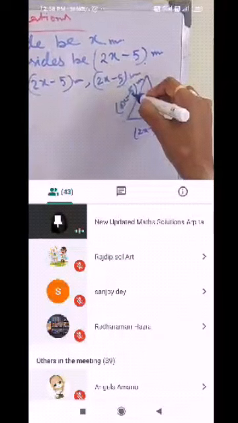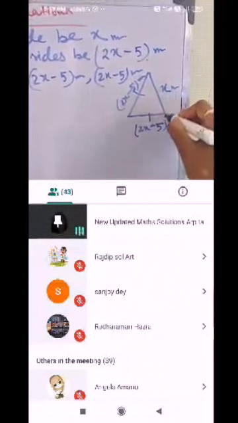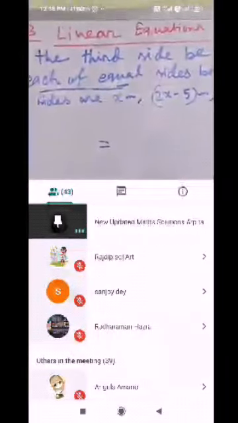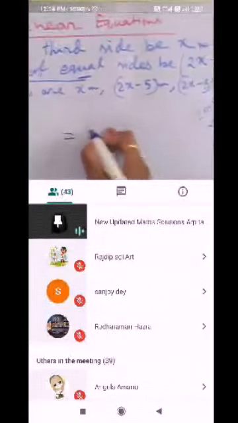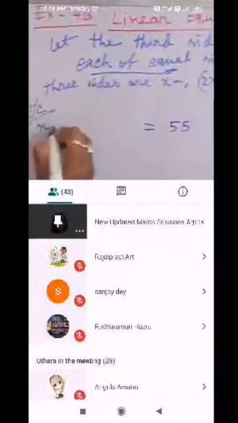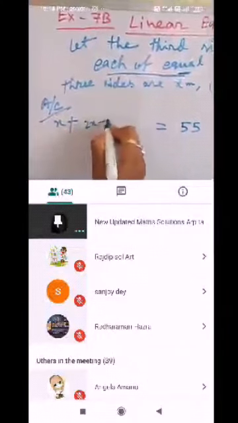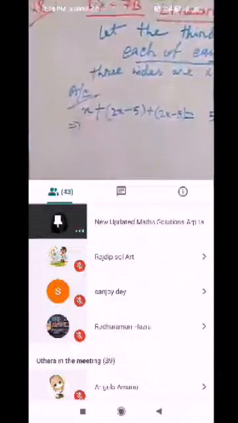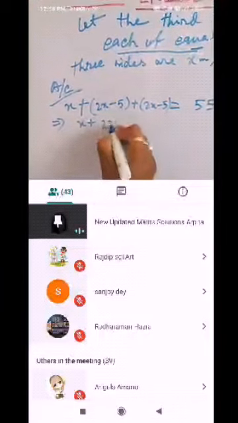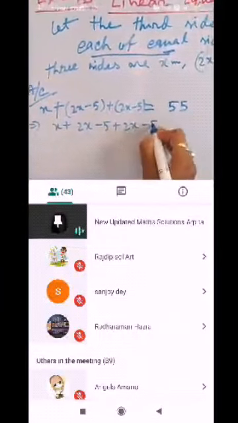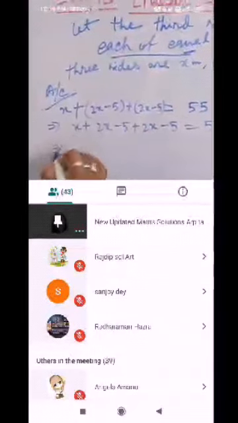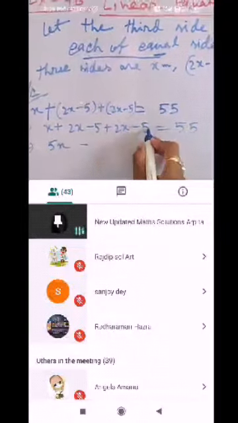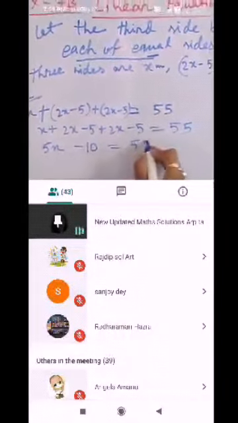That means the sum of the three sides will be the perimeter of this triangle. Perimeter is given here, 55. So x plus 2x minus 5 plus 2x minus 5 equal to 55. 2x plus x plus 2x, that means 5x, minus 5 minus 5, that means minus 10, equal to 55.